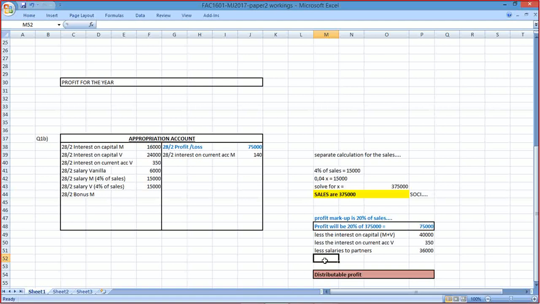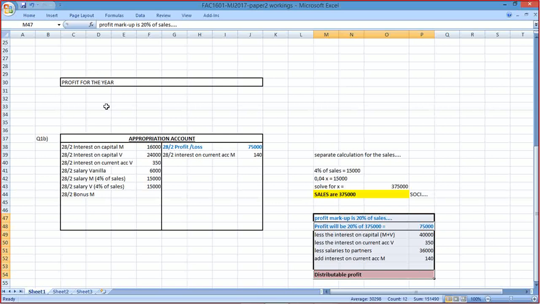What else? We've still got interest on current account M. This is going to be added. So add interest on current account M, and the interest was 140. So you worked all of this out. You just need to calculate the distributable profit.